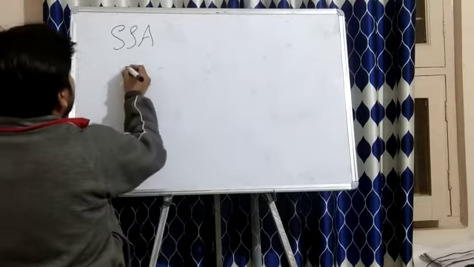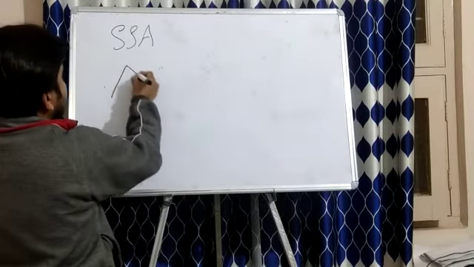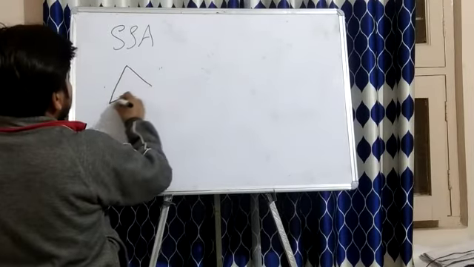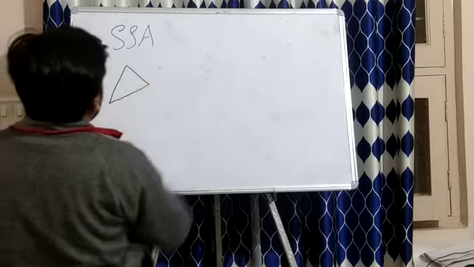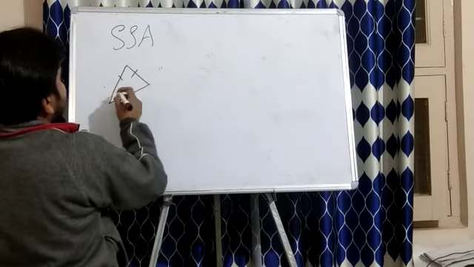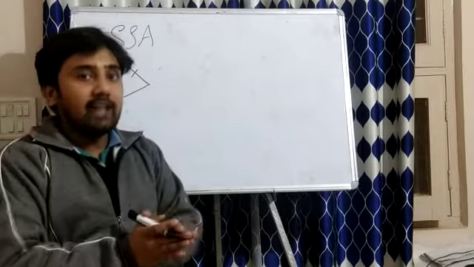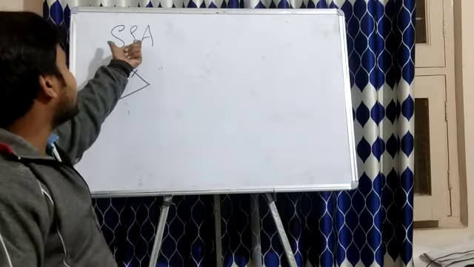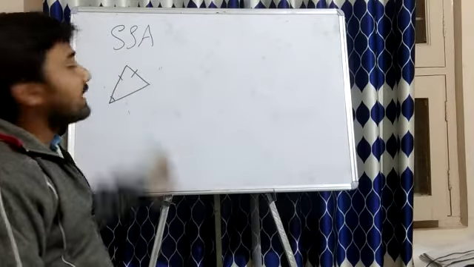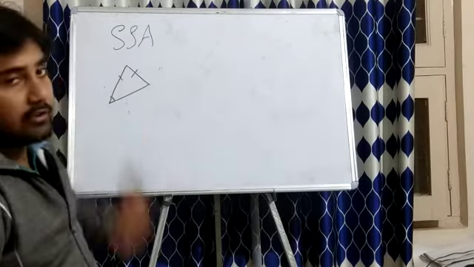Now, let me draw a triangle. Now, this side, and then this angle. Now, I want to construct a triangle whose two sides and one angle are equal to this triangle.